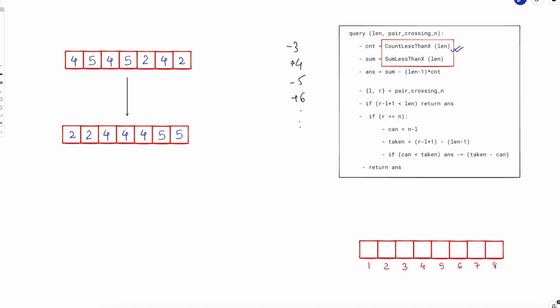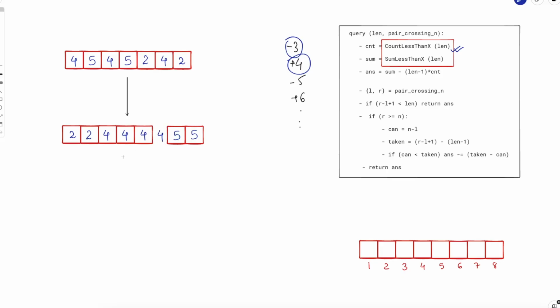What you're doing is simply sorting this entire thing and then taking a prefix sum to ensure that these two things are efficient. But as soon as you start removing things and adding things, your prefix sum will suffer a lot, right? Why? Let's say you add one more 4. You can't add this 4 here, right? You have to shift these 2 elements and add back 4 somewhere here.